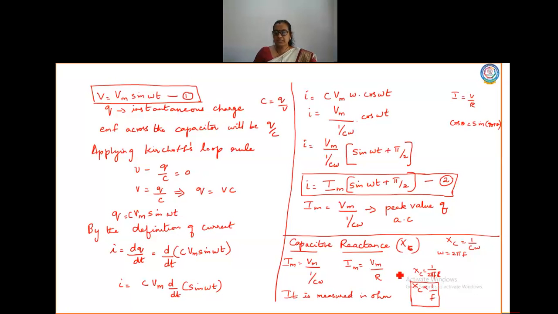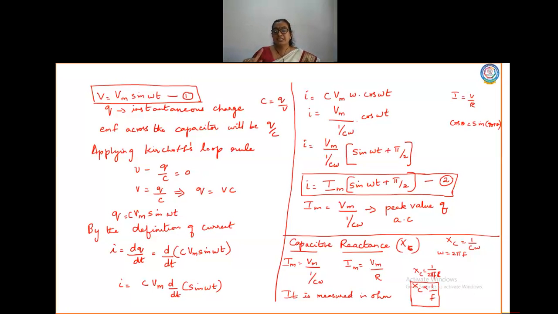So XC becomes infinity, which means the capacitive circuit offers infinite resistance to the steady current. A capacitor will not allow DC to pass through it because of its very high, infinite resistance, since XC becomes infinite here.